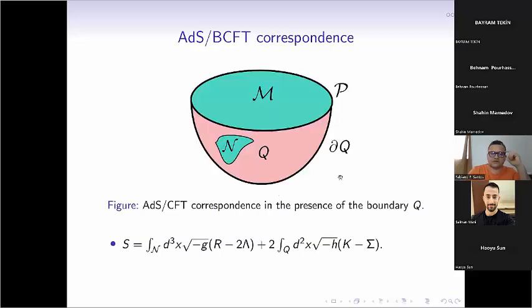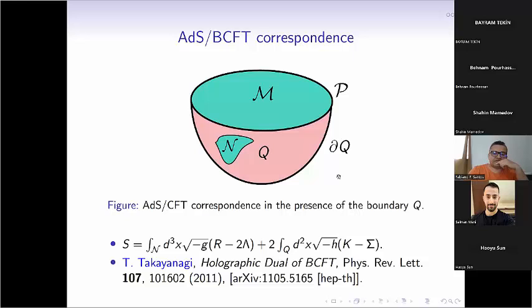For this, I consider the new extension of the AdS/CFT known as AdS/BCFT. This B is for boundary. This proposal was made by Takayanagi and collaborators in 2011, where the idea is that we have the Einstein gravity and a boundary term, and this boundary term is described by this action.